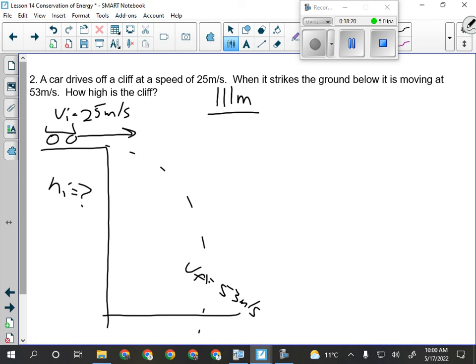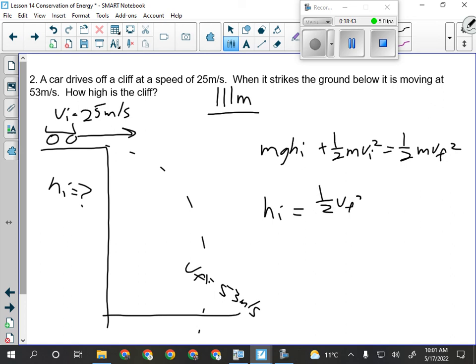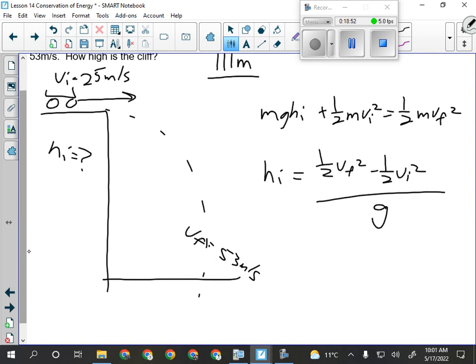I'm just going to abbreviate this so we actually get it done: m times g times h initial plus 1/2 m v initial squared equals 1/2 m vf squared. We only have kinetic energy at the end, so when we manipulate this, the initial height will be 1/2 vf squared minus 1/2 vi squared, divided by g, because the m's cancel.